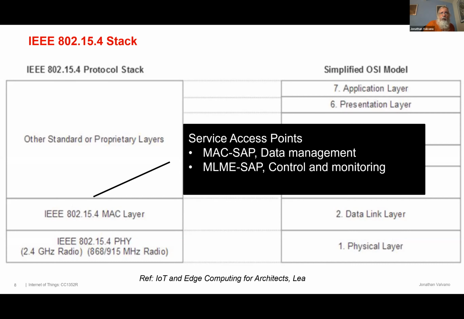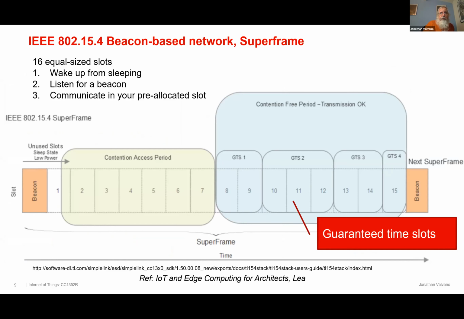So this is a beacon based device, and the purpose of the beacon is to prevent collisions. We'll see that when we do the collector sensor demo, one of them is sending out beacons.